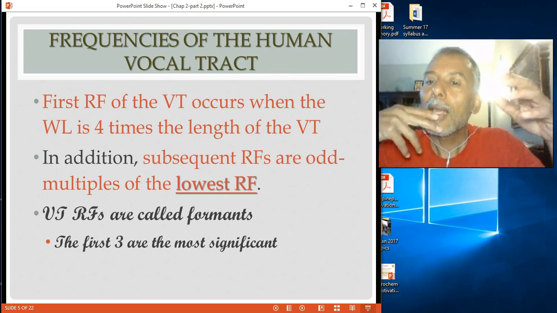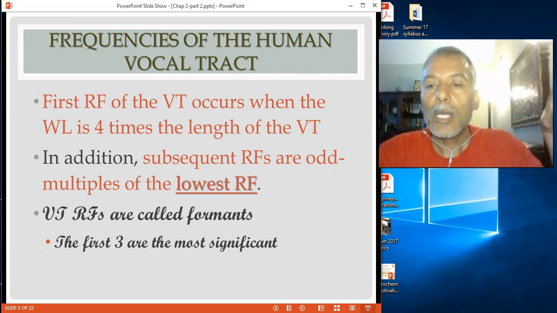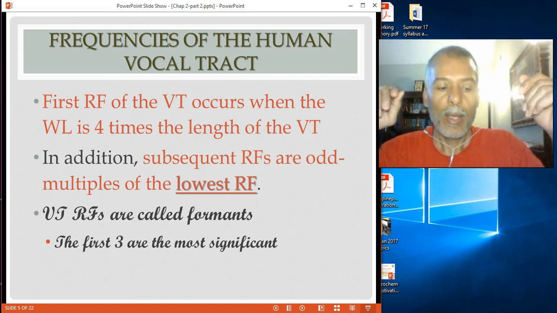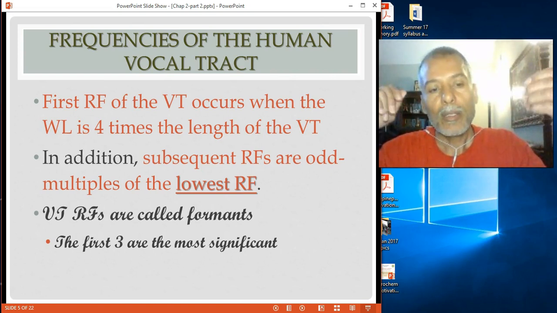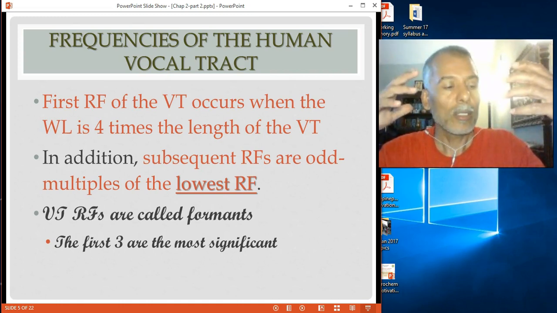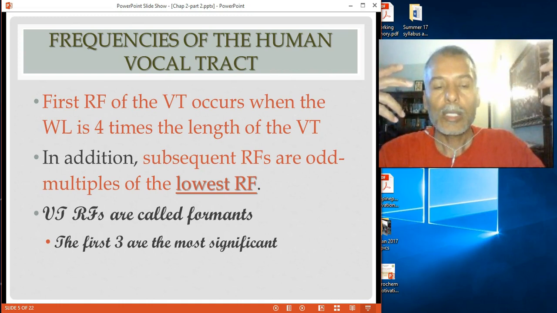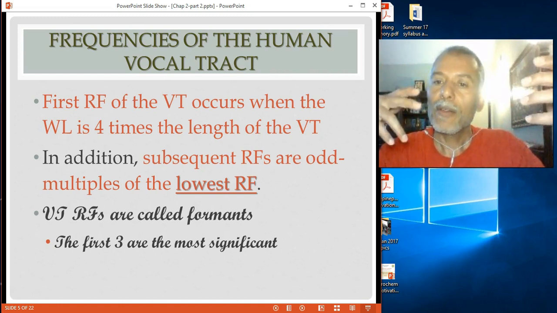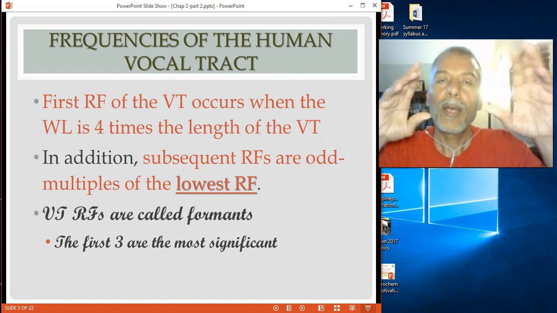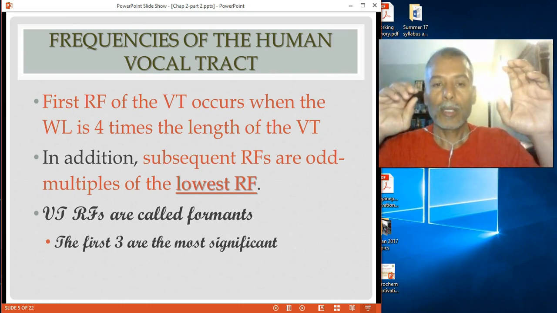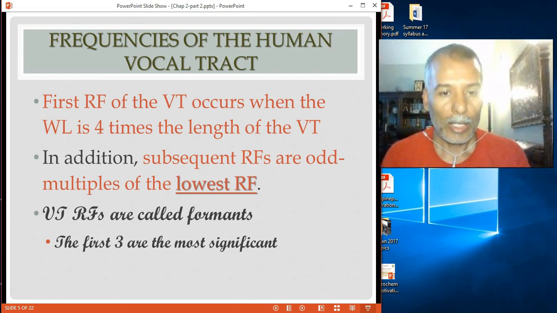What you hear in the end when someone speaks is the summary of all these formants combined together. But because the first formant is the strongest, the loudest, and then the second and the third, these three are the most important formants in the entire series of vocal tract harmonics.